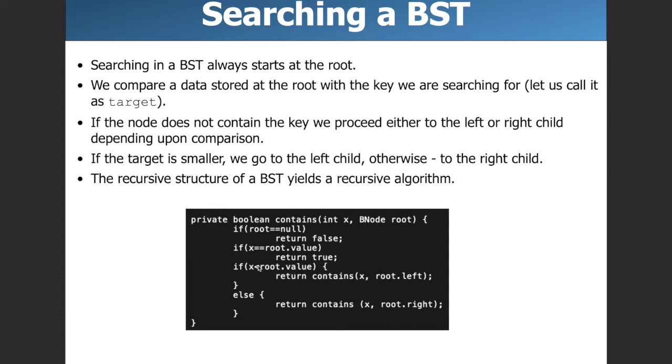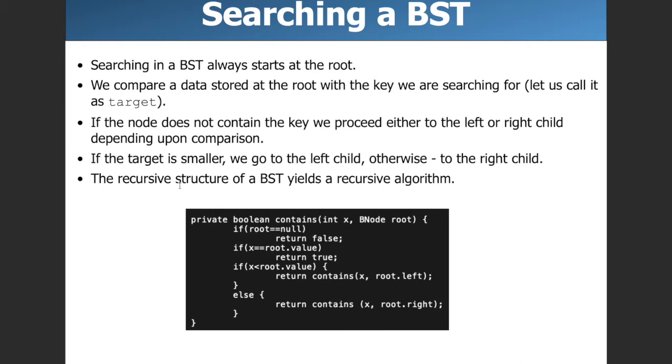So if target is less than root.value, we continue with the left subtree recursively. Else we continue with the right subtree. So if the target is smaller, we go to the left child, otherwise to the right child.